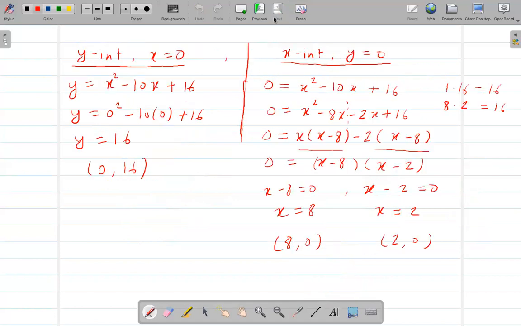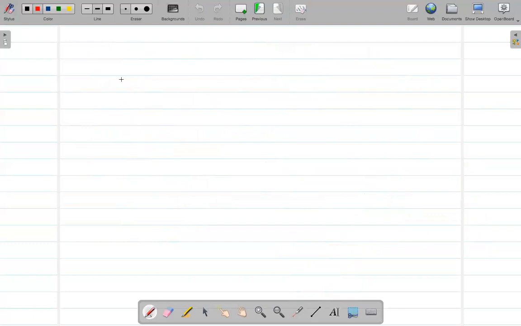Now, let's say we have another quadratic equation in a different form. Let's consider f of x equals (x minus 2) squared plus 9.